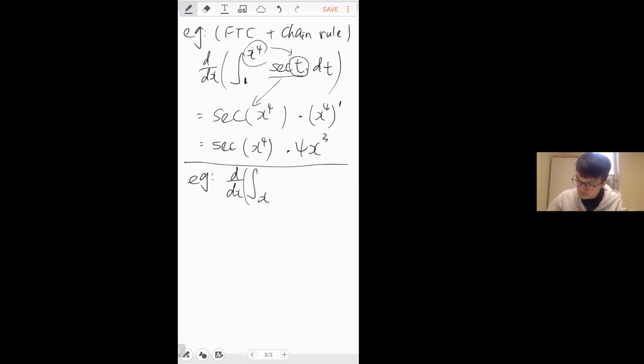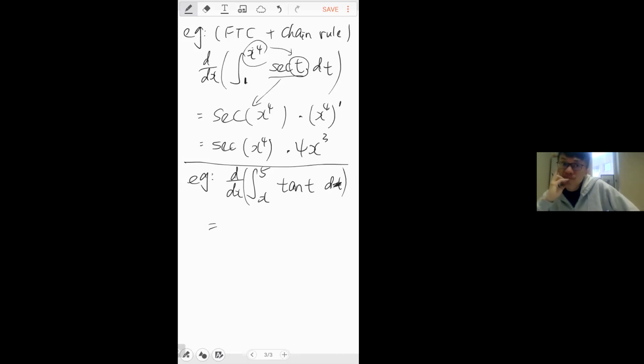Second example. Let's say I want to compute the derivative of the integral from x to 5 of tangent of t. What do we do? So the lower limit is not a constant, the upper limit is not x.